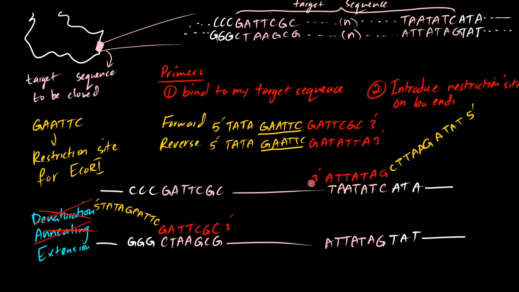So after extension, the polymerase recognizes this double-stranded DNA with free OH, double-stranded region with free OH. So the polymerase will come and bind. So the DNA polymerase binds here, and a DNA polymerase will bind here, or the Taq polymerase.